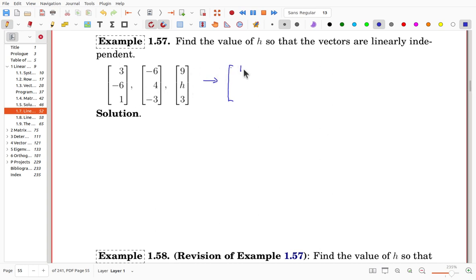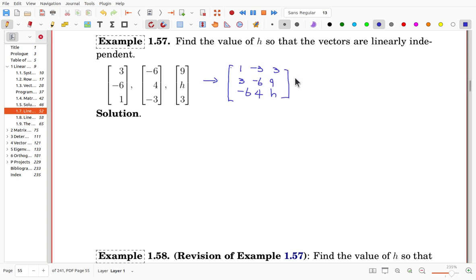So 1, minus 3 and 3, and we write down here 3, minus 6 and 9. You can also apply 1/3 scaling, but anyway, and minus 6 and 4 and h.